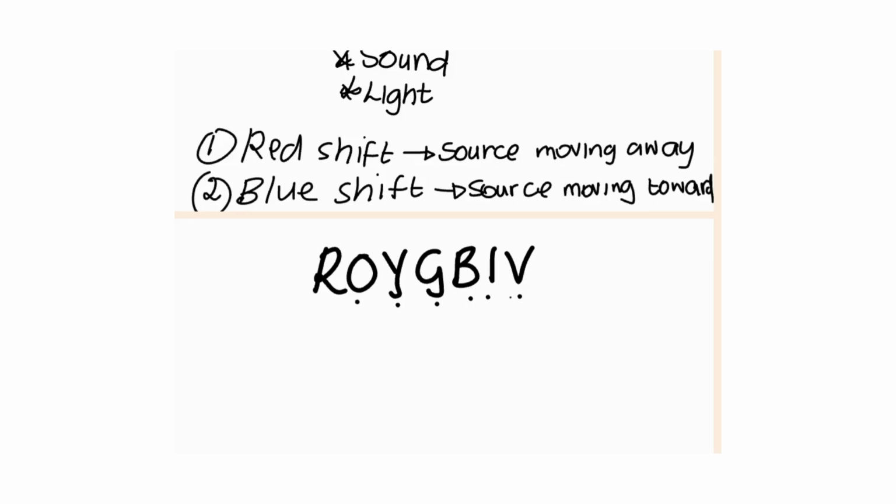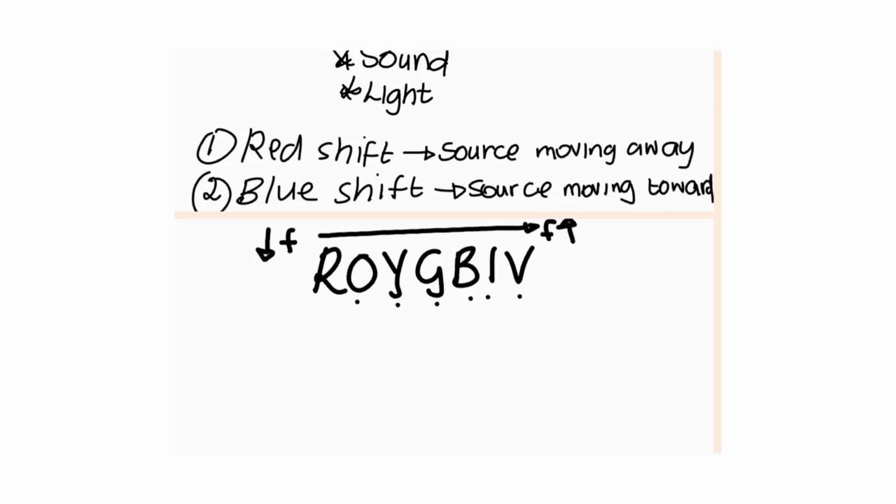So Roy G. Biv tells us that when you move from the red towards the blue violet part, your frequency is increasing, meaning the frequency on red, it's going to be smaller, and the frequency as you move towards violet, it's going to be higher.